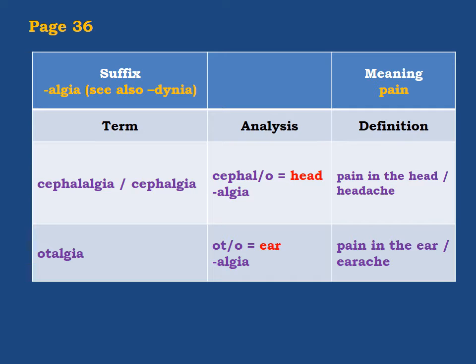The second term, otalgia. Here, ot is the root and it means ear, and algia, of course, the suffix, pain. Now the meaning, we start with the meaning of algia, pain. And where is that pain? Pain in the ear. Again, there is an English word which is earache.